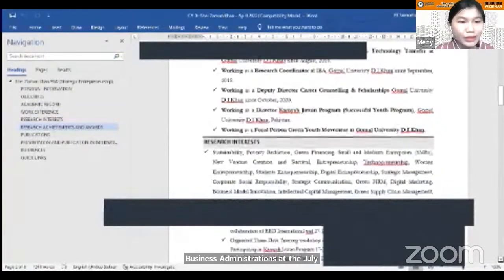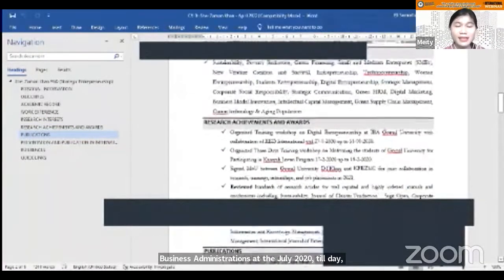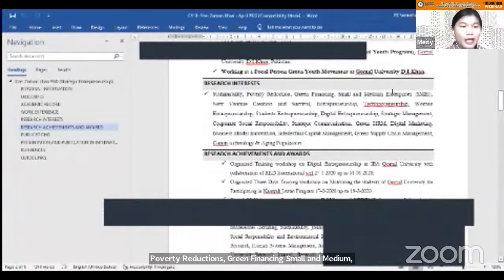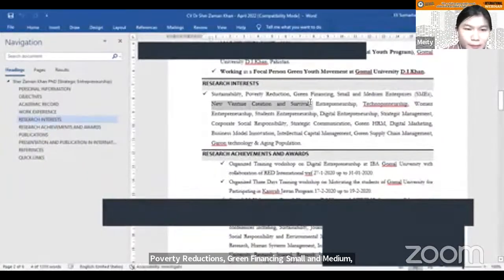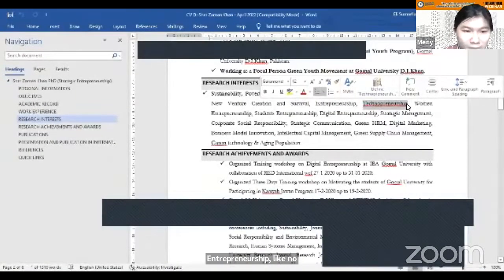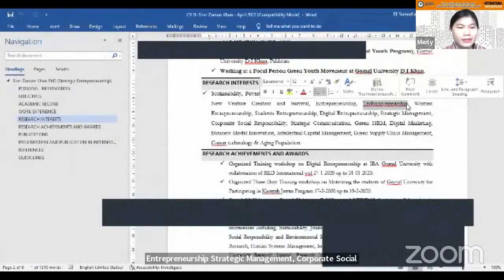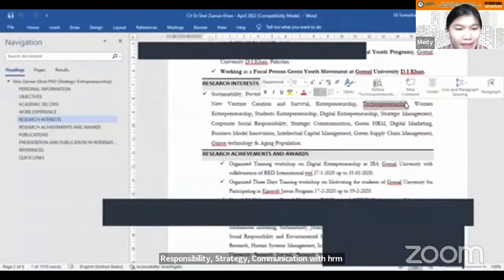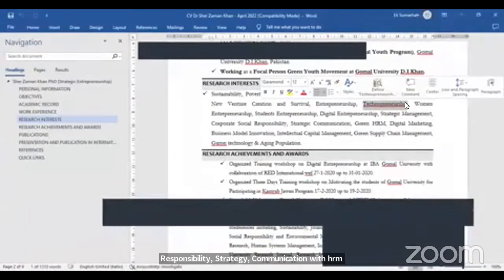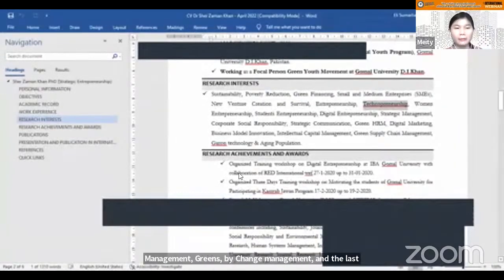His research interests are sustainability, poverty reduction, green financing, small and medium enterprises, new venture creation and survival, entrepreneurship, technopreneurship, women entrepreneurship and student entrepreneurship, digital entrepreneurship, strategic management, corporate social responsibility, strategic communication, green HRM, digital marketing, business model innovations, intellectual capital management, green supply chain management, and the last one is technology and aging populations.